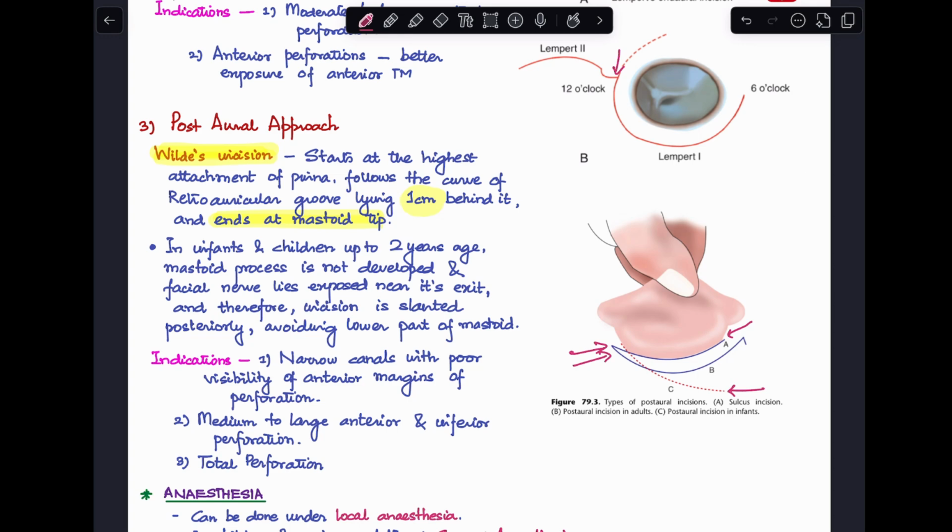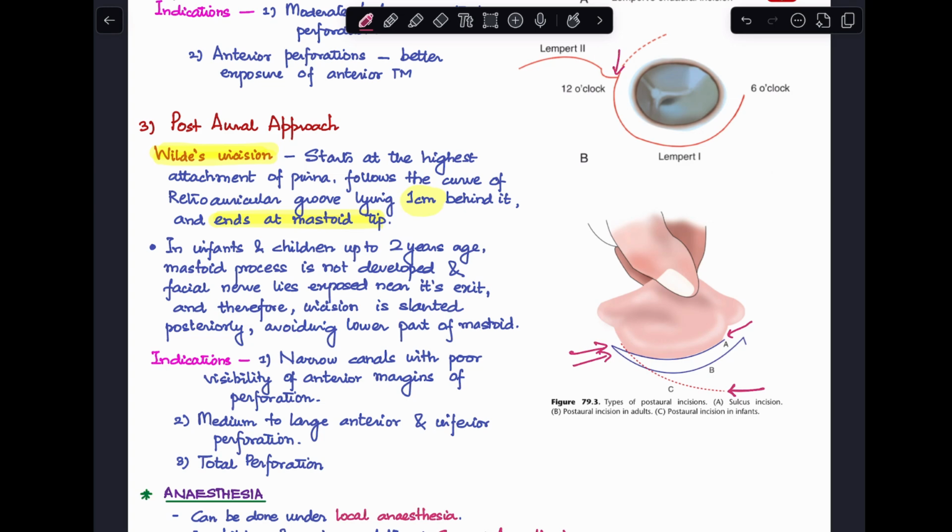The one marked C is the incision that is given in infants and children below 2 years of age so as not to injure the facial nerve. Now, the indications of the postaural approach are narrow canals with poor visibility of the anterior margin of the perforation.